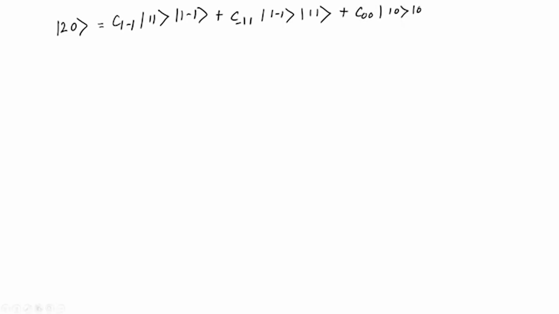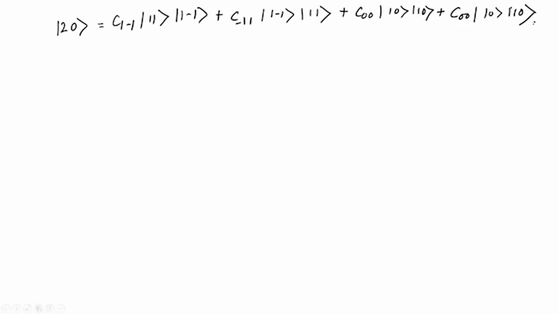So, we have this |2 0⟩, that is J M equal to 2 0, which will be equal to C(1,-1)|1 1⟩|1 -1⟩ plus C(-1,1)|1 -1⟩|1 1⟩ plus C(0,0)|1 0⟩|1 0⟩.